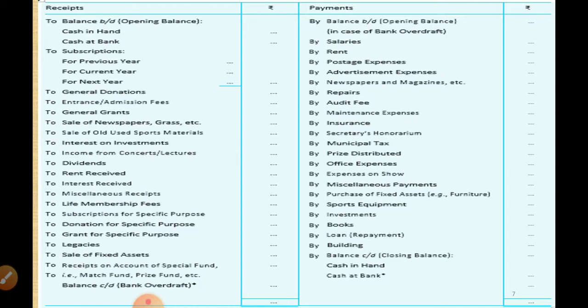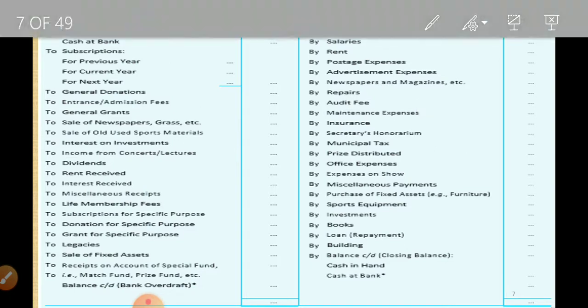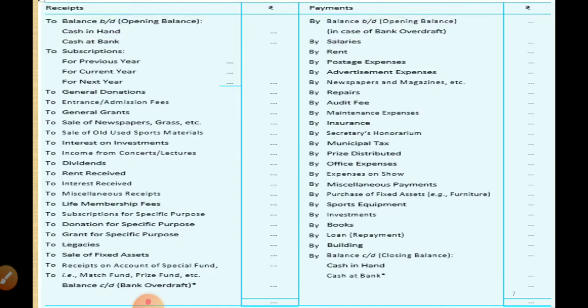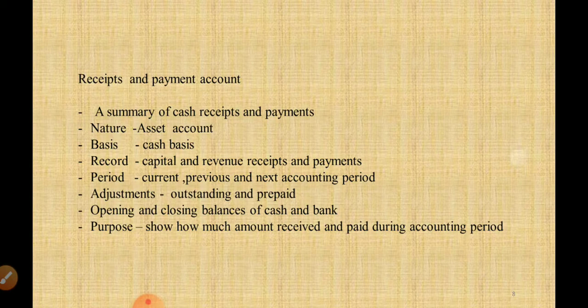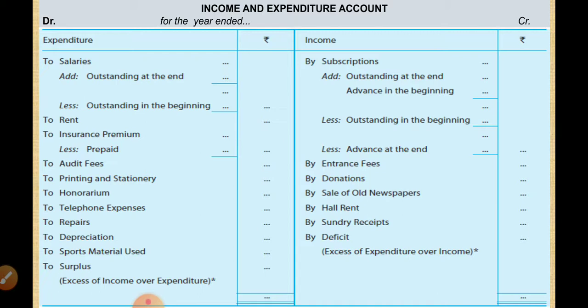Now, receipts and payment account does not differentiate revenue and capital. All items, revenue and capital receipts, are recorded on the receipt side, and revenue and capital expenditure, once cash is paid, are recorded in the payment side. Now this has to be given importance because the next item which we are going to see is income and expenditure account.